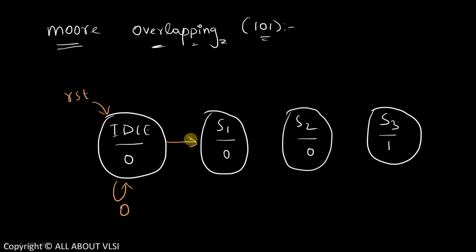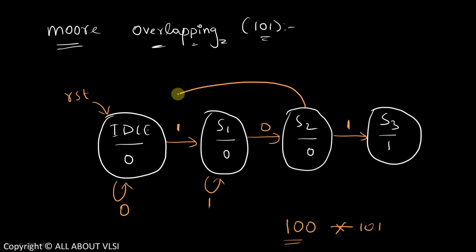And if you get a 1, you are going to S1 state. If you get 0, you are going to S2 state. And if you get one more 1, you are going to stay in the same state, which we already know. If we get one more 1 from S2, we are going to S3 state, 101. In the S2 state we have already the sequence 10, and if we get one more 0, there is no use. This is not matching with your 101 sequence, so you are going to idle state simply.